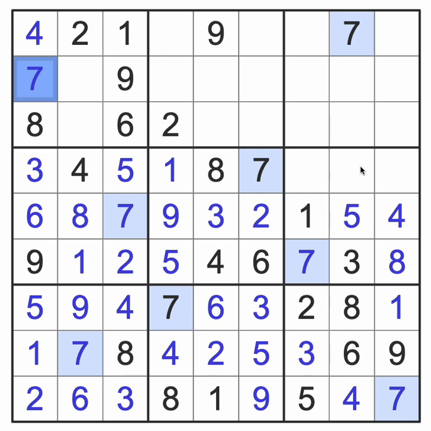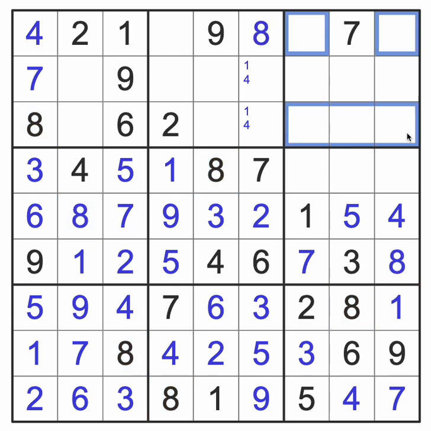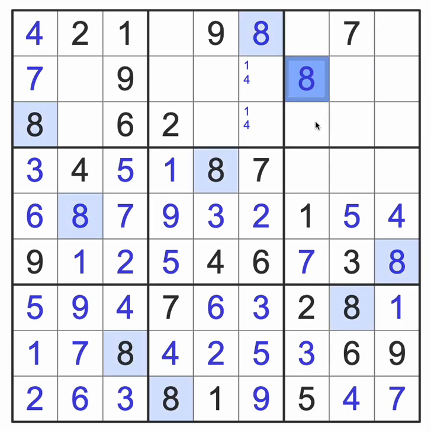These are 2, 6, 9, and these are 1, 4, 8. Right, and here's 1 and 4 makes this cell 8. And this 8 blocks these, gives me 8 here.